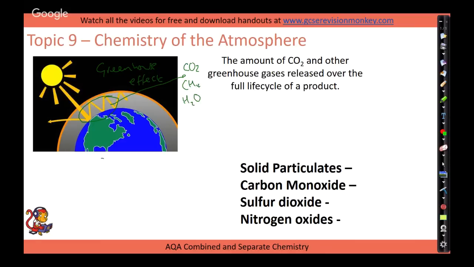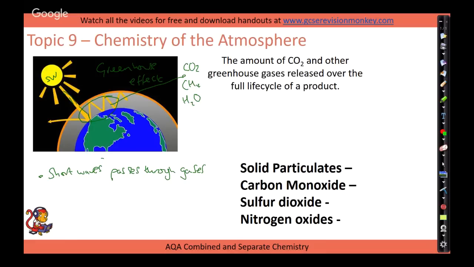But what they do is the rays from the sun that go into the earth are shortwave radiation. And what happens is the shortwave passes through the gases in the atmosphere and goes to Earth. However, when it comes to Earth, it's absorbed and re-radiated by different objects, and it's a longer wavelength that goes back.